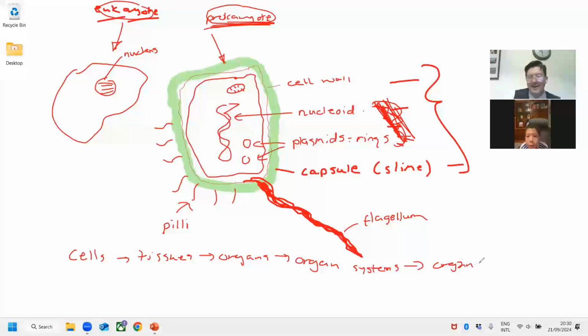We said that we are like an organism. Organ systems is like the blood system, organs is like your heart, tissue is like heart tissue, and cells are like heart cells, if you cut it up smaller.